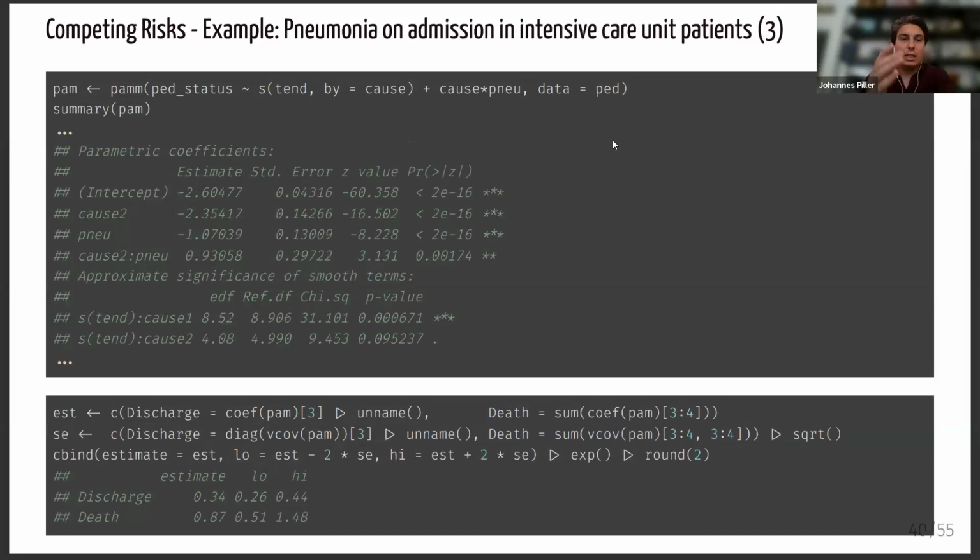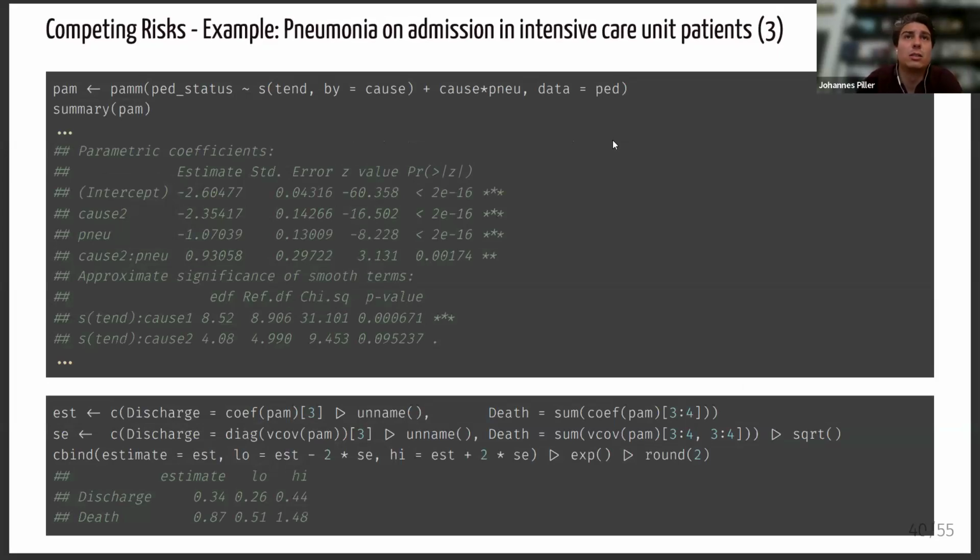Then again, it's the function PAM which can be used. This time, as we just saw in the previous example with the stratification, we need to include the cause as an interaction with time, because we want the cause-specific hazard. So we have this interaction between time and cause. Then we also want to model the interaction between the different causes and pneumonia.